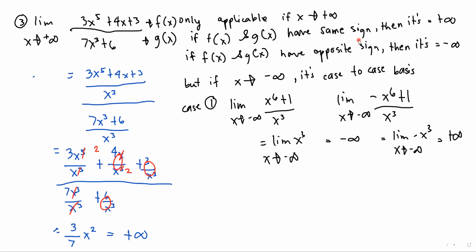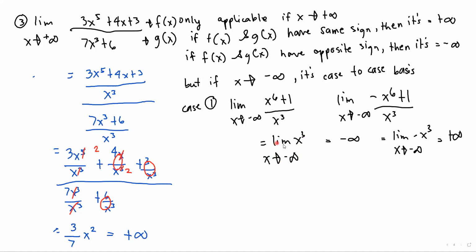But if x approaches to negative infinity, it is case-to-case basis. Depende na yon kung ano yung mga sign distribution niya. Example, limit of x raised to 6 plus 1 all over x cubed as x approaches to negative infinity. Matitira sa atin is x cubed.